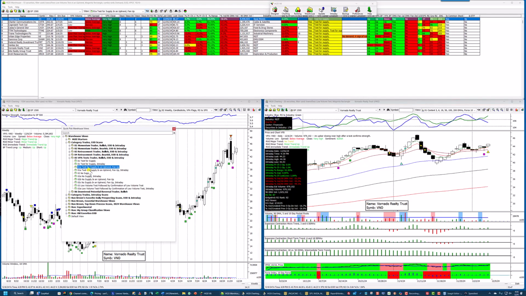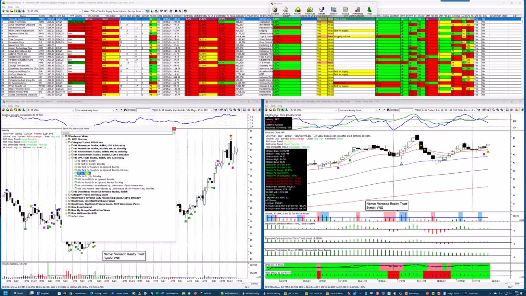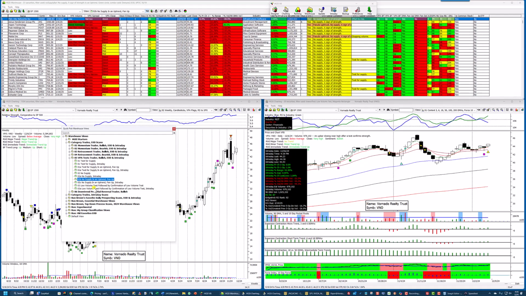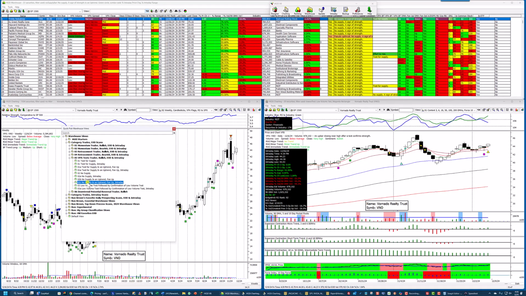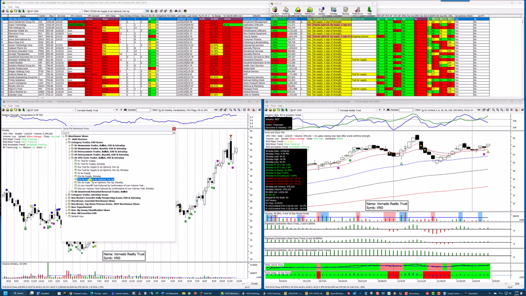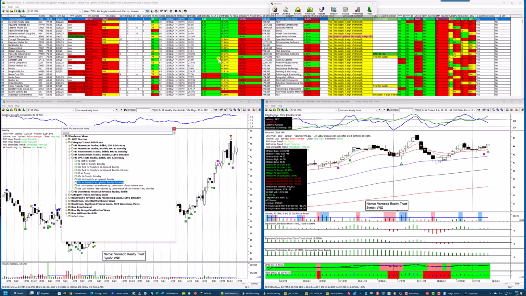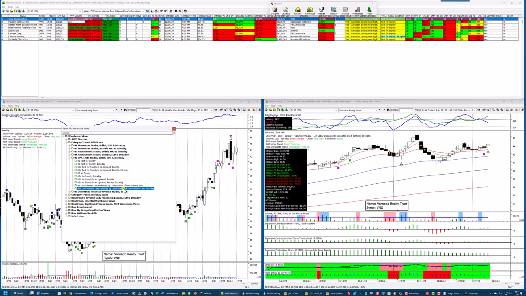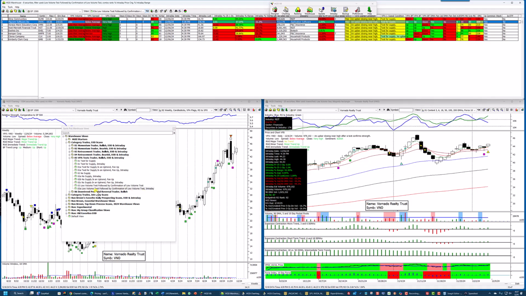Test for supply in an uptrend, fan up, no supply. You know what these signals are by now, so I'm not going to click on all of them. No supply in an uptrend, fan up, and here's the intraday version of that. Quite a few green. Low volume tests followed by confirmation of low volume tests, and it looks like only 2 of them are positive today.